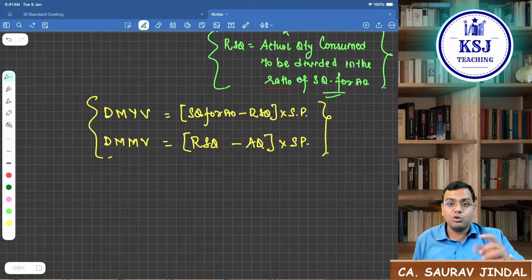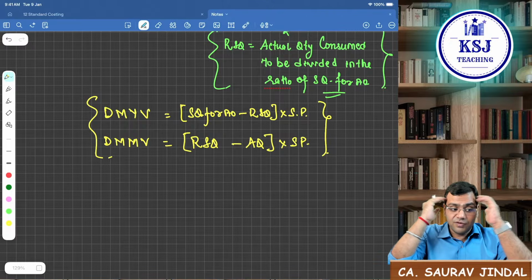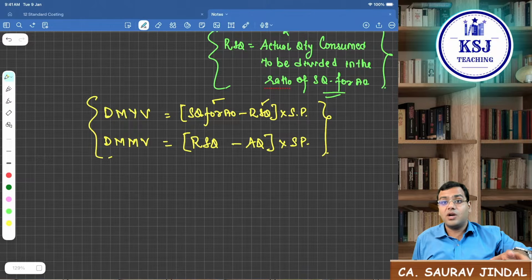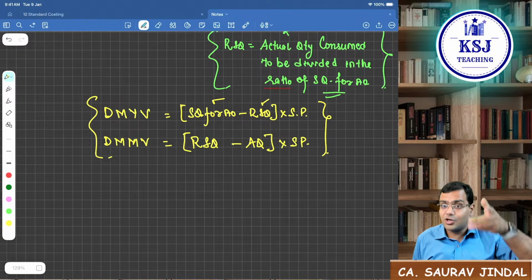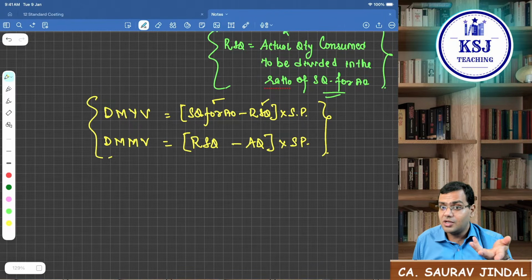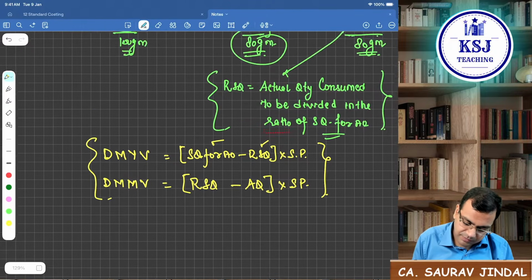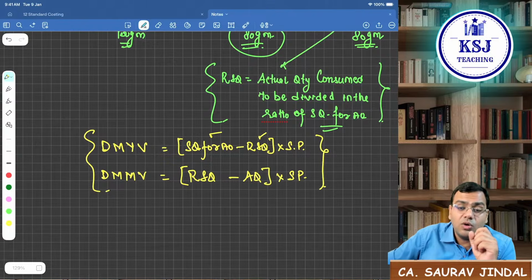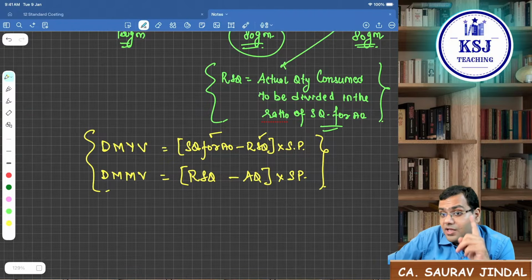Yield means output, and the output will change only if you change your thought process from original to the new one. Mix is: according to your changed thought process, what the mixture should be and what the mixture actually is, into standard price. And this yield and mix variance can be calculated only if more than one raw material is being used. So you have to be very careful with this.